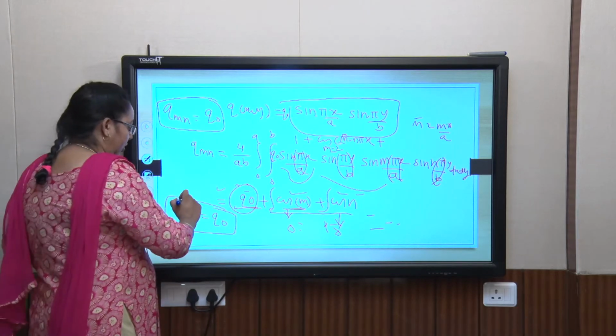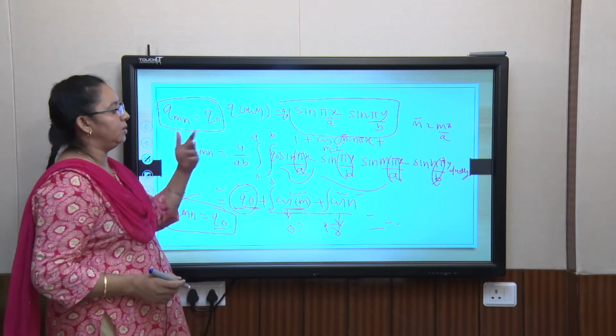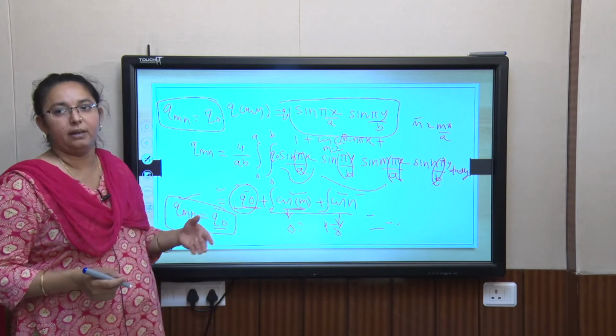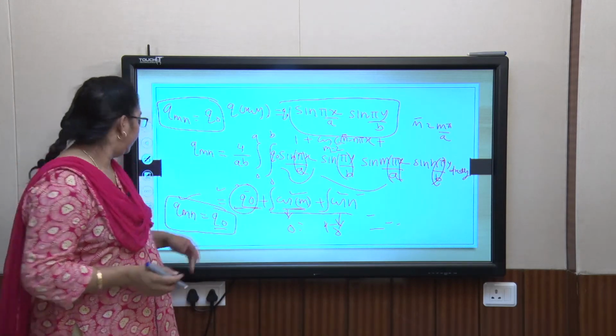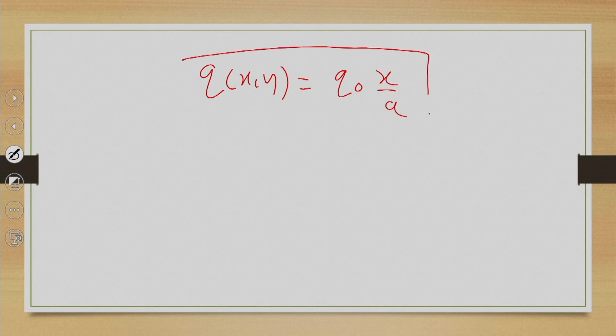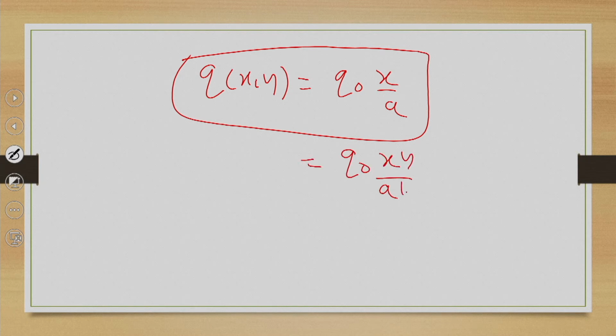So, Q_mn will be q naught, and we can solve for deflection, moment and stresses, and so on. We may be given q(x,y) like q naught x by a, a linear function, or sometimes q naught xy by ab, any kind. Then you are supposed to evaluate that Q_mn.